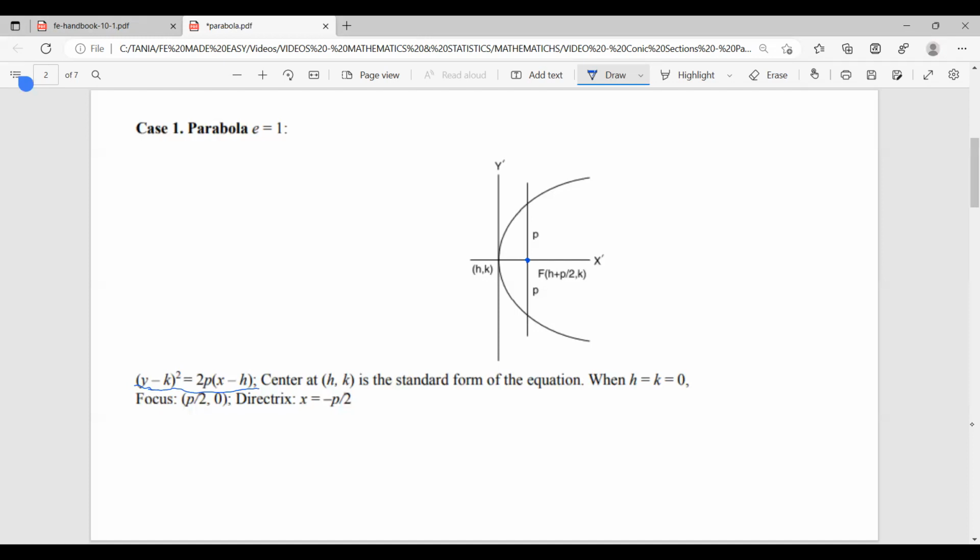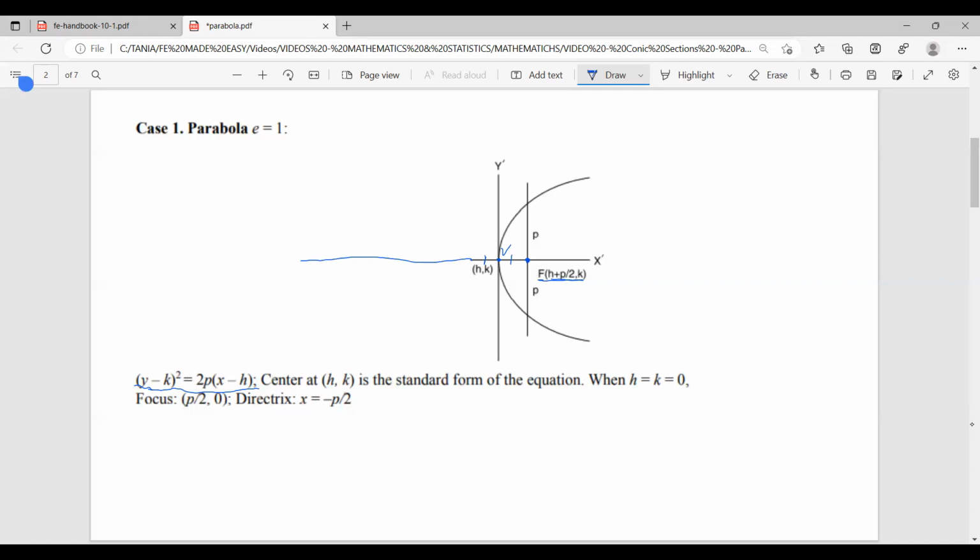So the relation between the focus, this is F over here, and the directrix, I'll show the directrix on the other side. This is the x-axis. This is the best I could do. So the directrix is at an equal distance from the vertex of the parabola. The directrix is at the same distance from the vertex as the focus is from the vertex.